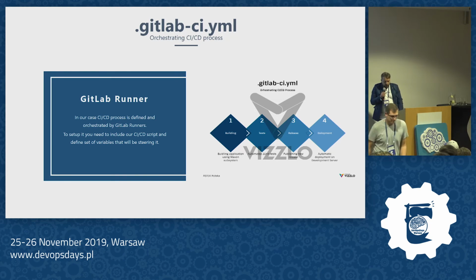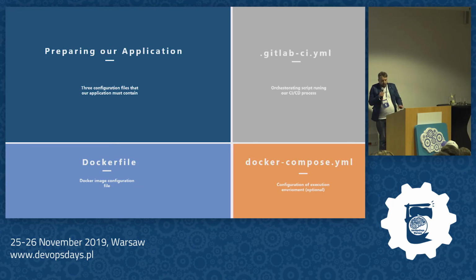Very complex issue. Basically, to enable your application, your system, you need to edit just 3 files. One is optional. One is just to include our script. The second is Docker file, which is defining a configuration for your image of your application. And Docker Compose, which is setting execution environment variables.